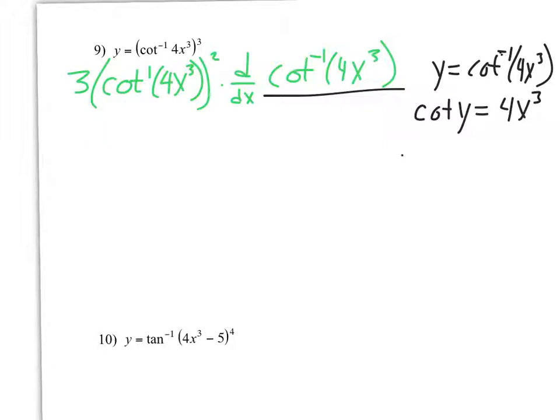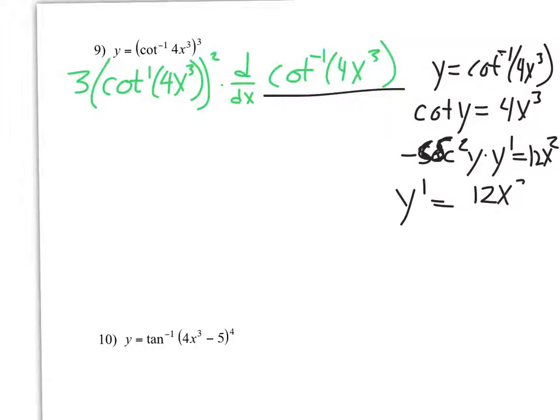Taking the derivative, we get negative cosecant squared of y times y prime is equal to 12x squared. Y prime is going to be equal to 12x squared over negative, and I'm going to write this a little bit funny, cosecant y in parentheses squared.